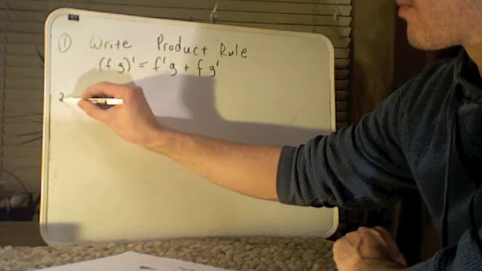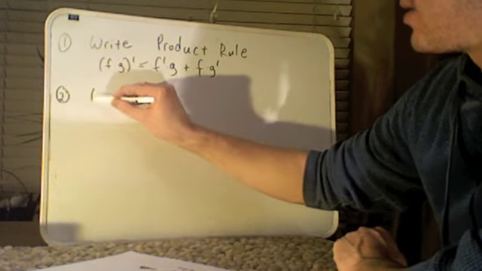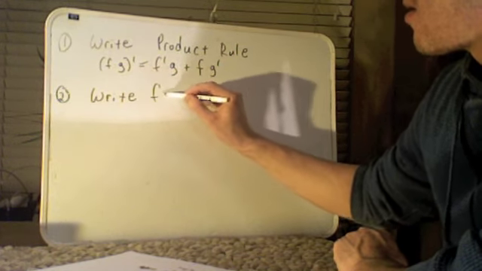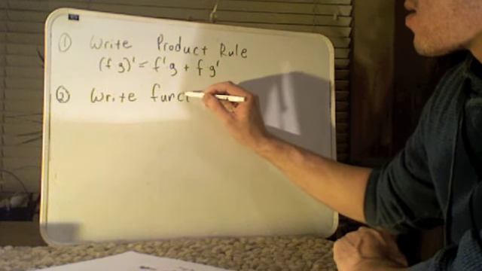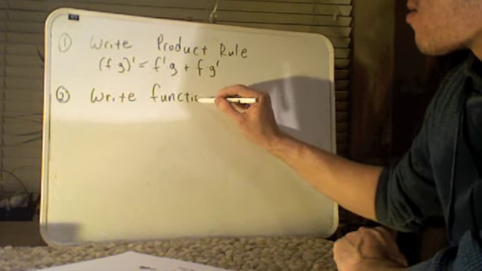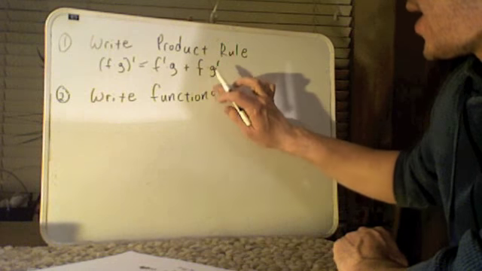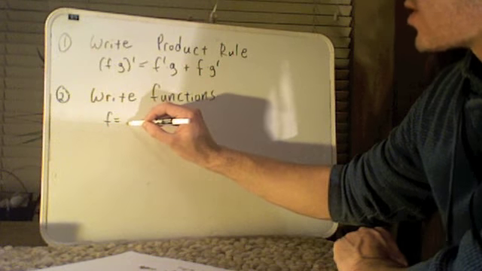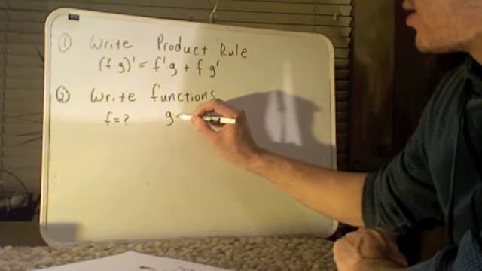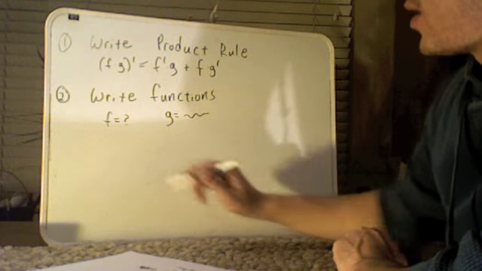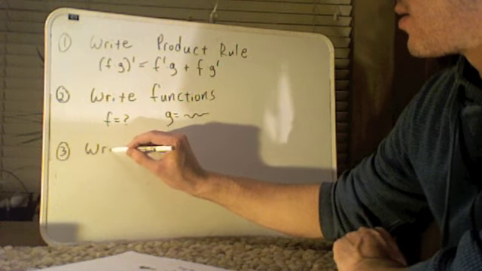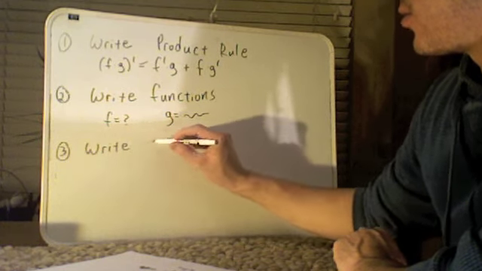Step 2, write functions. F equals something, G equals something else. Step 3, write derivatives.